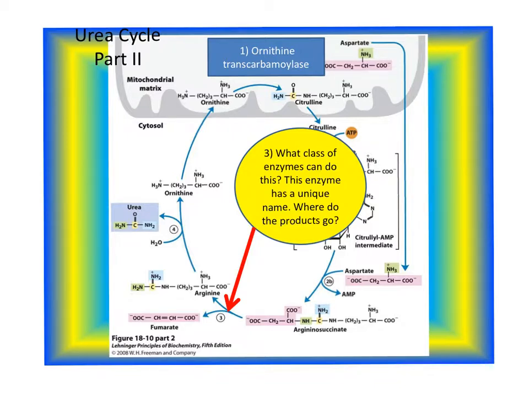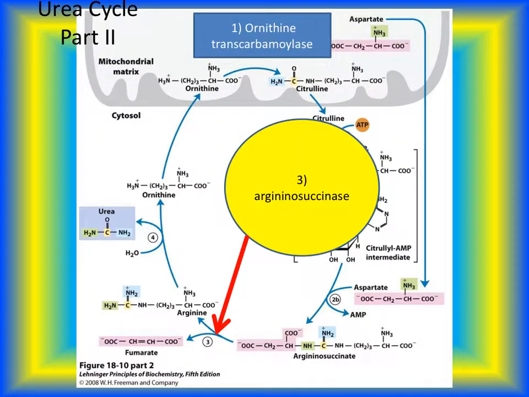Well, fumarase was with fumarate. So just think of one of those analogies, if this was like the SAT. Fumarase is to fumarate as blank is to argininosuccinate. Thank you, it's argininosuccinase.